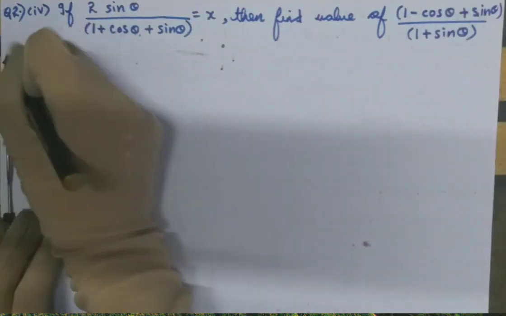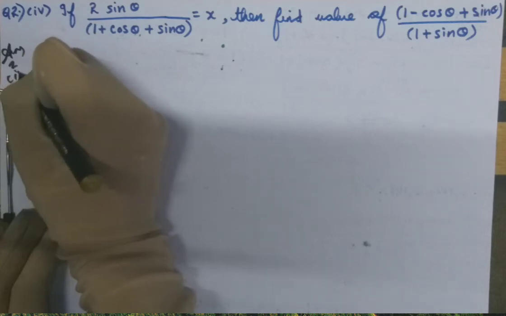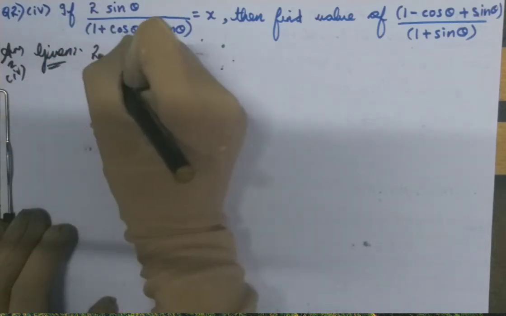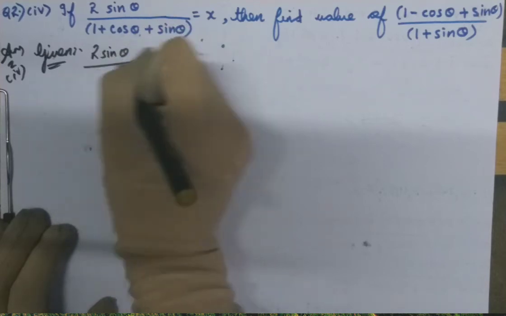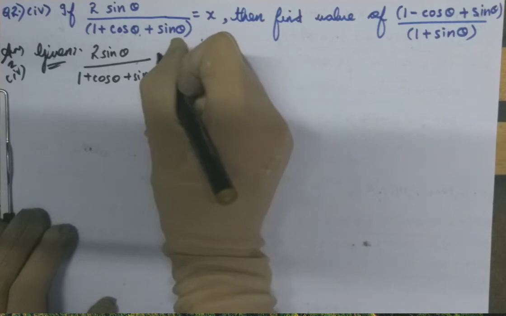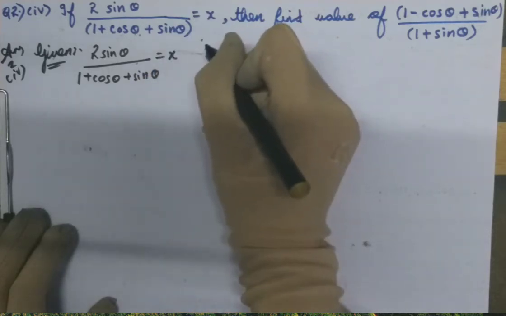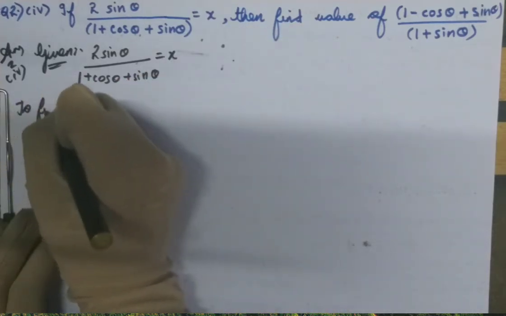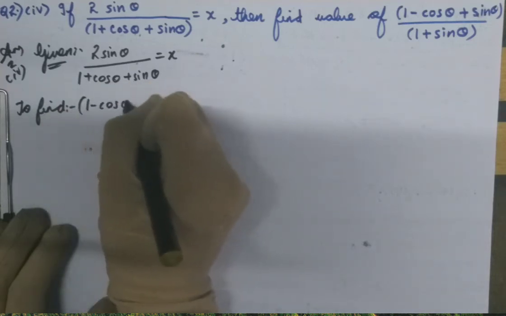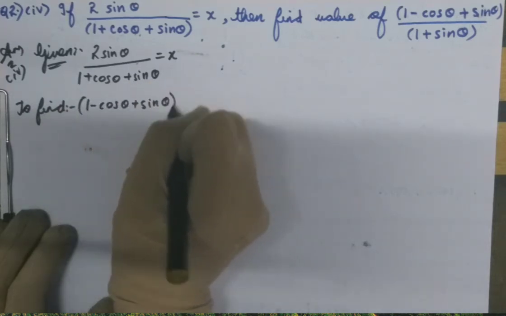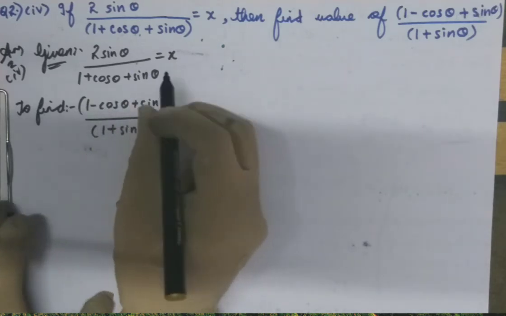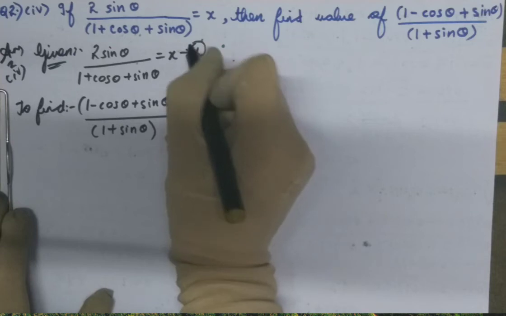Okay, see. Given 2 sin theta by 1 plus cos theta plus sin theta is equal to x. Here I have to find 1 minus cos theta plus sin theta by 1 plus sin theta. So what I'll do, let this be equation 1.